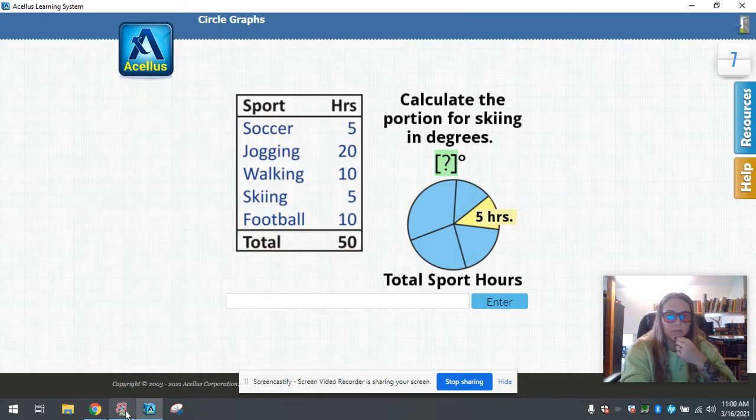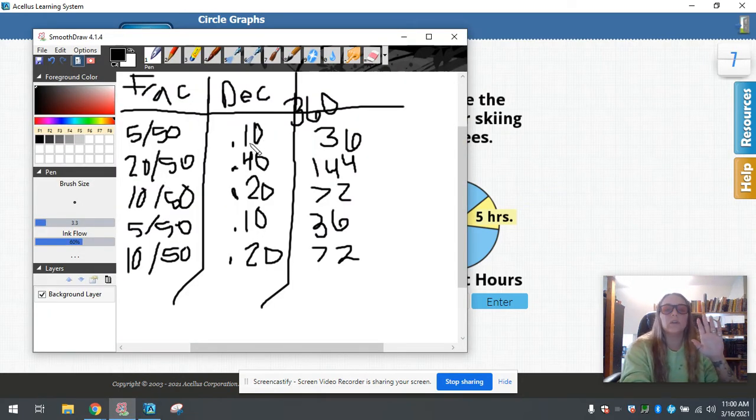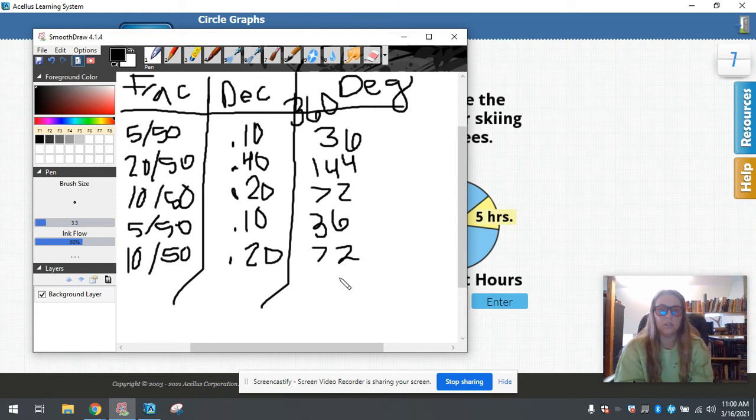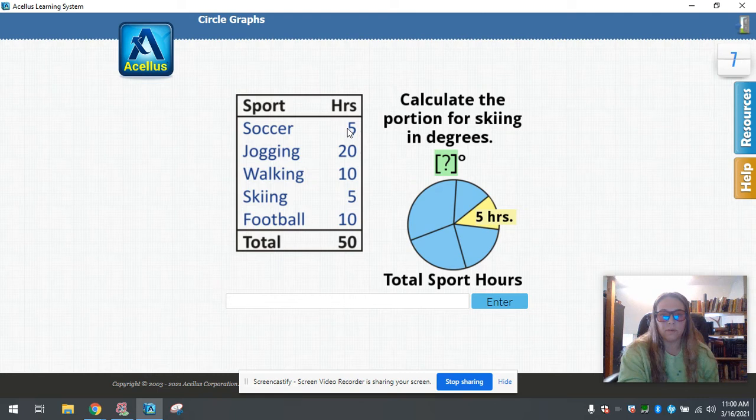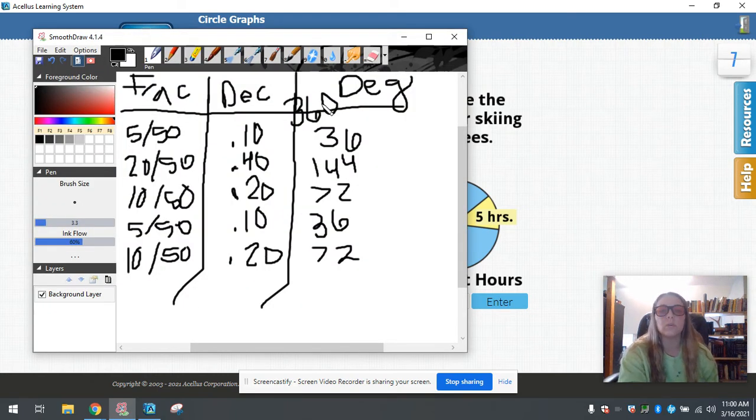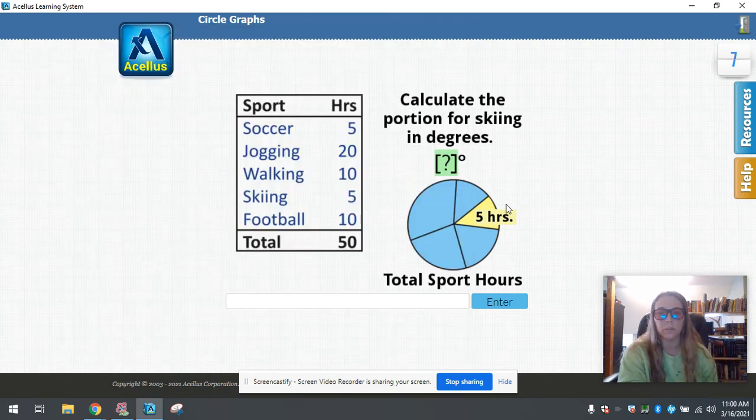So now I have my chart made for each of these activities. So I know how many degrees for each of these things for my pie chart. Okay, so remember, do the fraction, the number of hours spent out of the total number of hours, turn it into a decimal, multiply that by 360 degrees, and you'll get the number of degrees that you need for your pie chart.